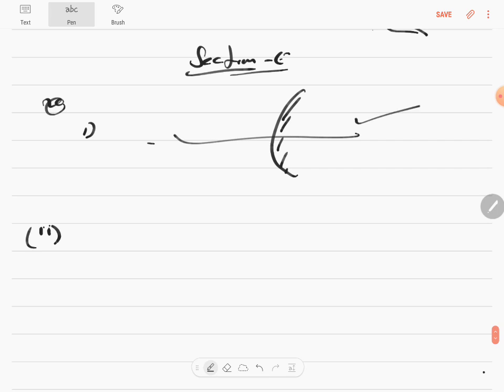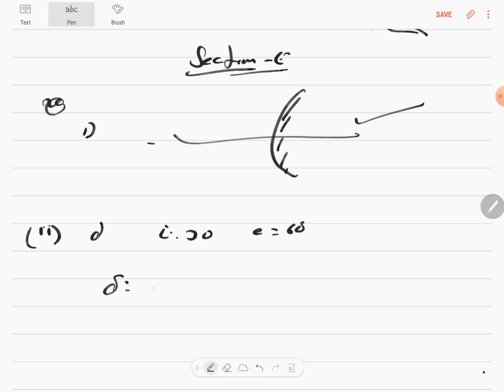The second part is a question of identifying two similar triangles and equating them. For an equilateral prism, given angle of incidence I equal to 30 and angle of emergence E equal to 60, what is the value of deviation?